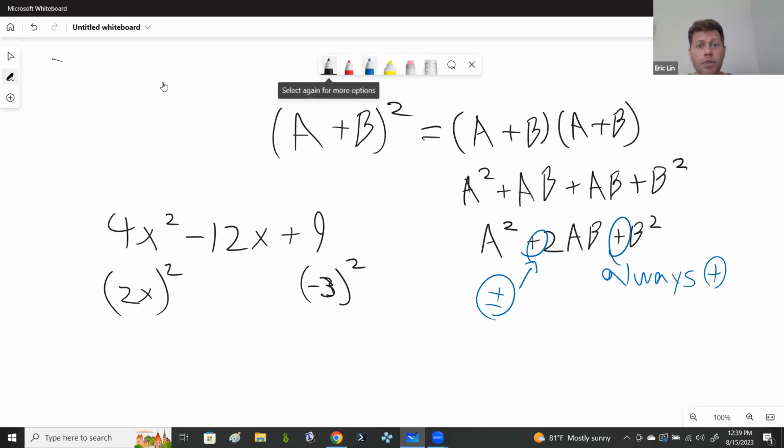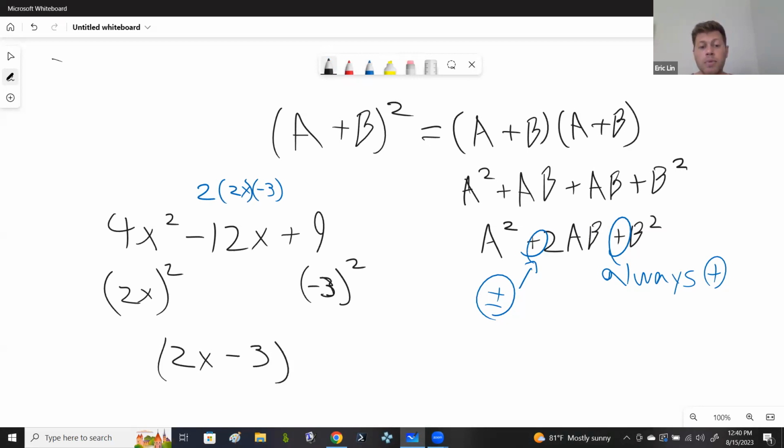And if I look through this once again, it's 2ab, 2 times 2x times negative 3, which lo and behold is negative 12x. So our factored form, instead of 2x plus 3 squared, is now 2x minus 3 squared. And that's it.